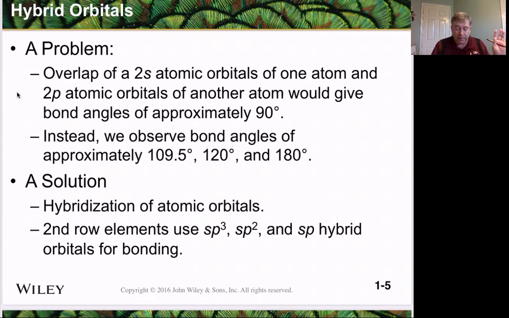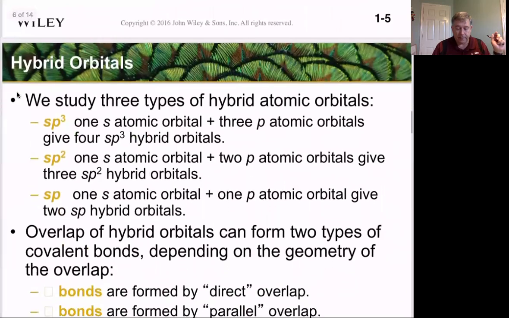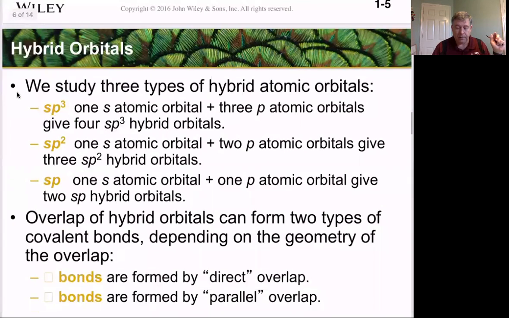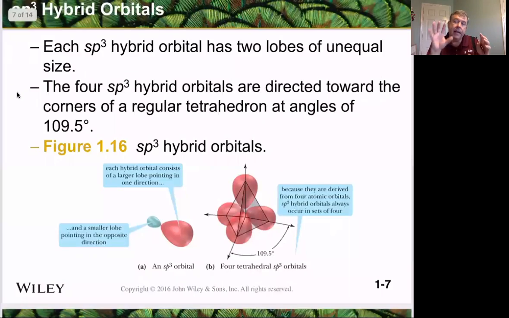Okay, so what does that look like? Let's take a look at what that would look like here. In the case of taking an s orbital and blending it with 3 p orbitals, you're going to take some of that spherical character of that s and blend it with that dumbbell shape, making one side of that dumbbell slightly bigger than the other side.